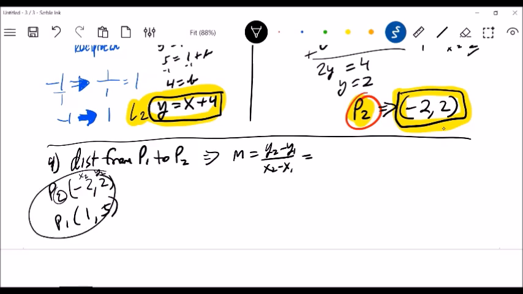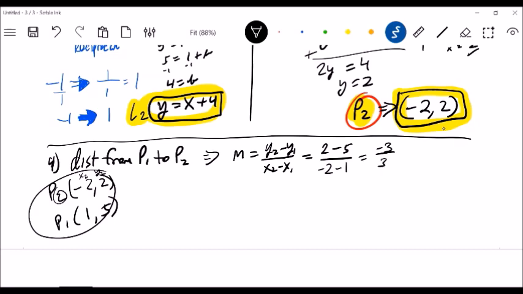Based on this, y2 is a positive 2, and subtracting the y of P1, 5. And then the x of P2 minus the x of P1. So we get negative 3 minus, and minus makes a positive 3.